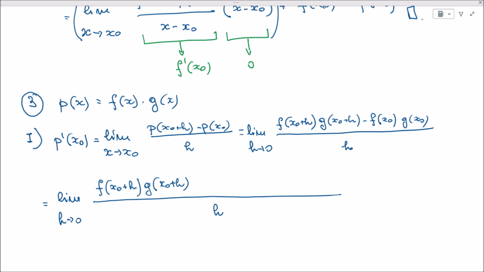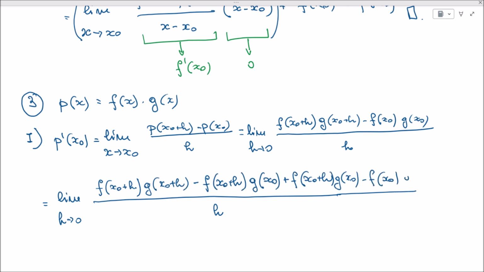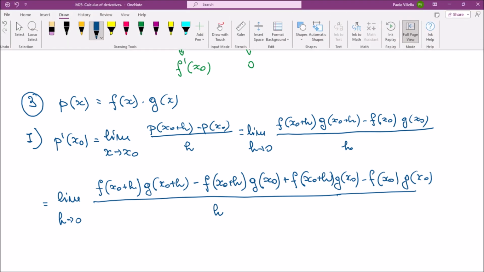So a mixed term that I can introduce here is minus f of x naught plus h times g of x naught. And of course, because I'm subtracting, then I need to add this again: f of x naught plus h g of x naught. And I'm left with minus f of x naught g of x naught. And now let's make an observation here.